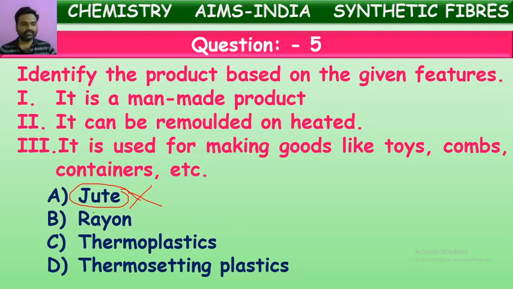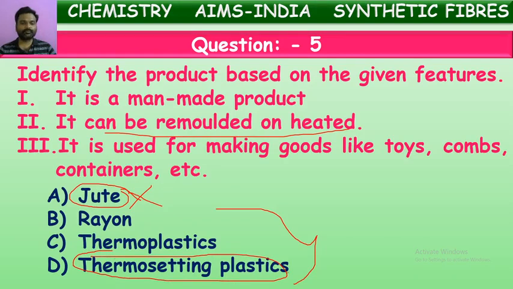They have given it can be remolded on heating. The plastics which cannot be remolded are called thermosetting plastics. So they are giving here they can be remolded, so we can eliminate thermosetting plastics also.